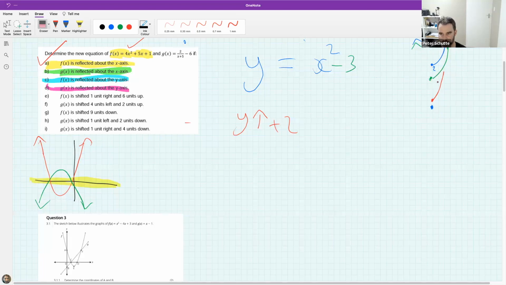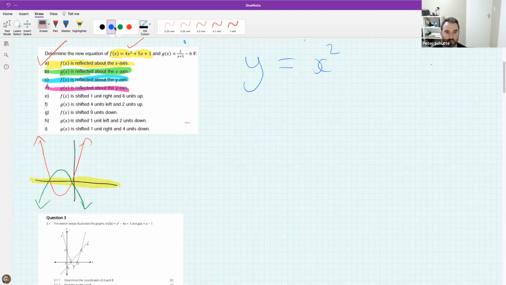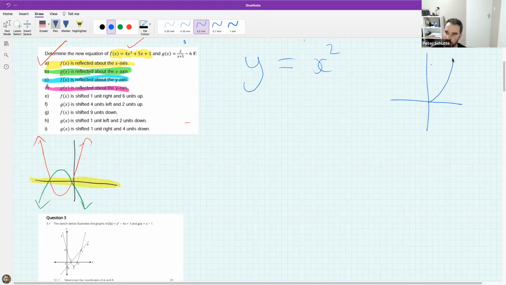What is a little bit more difficult is the idea of how you shift something horizontally. So say we have the same graph like this, but now I want to move it 2 units to the left. Now 2 units to the left would get me from here to here.